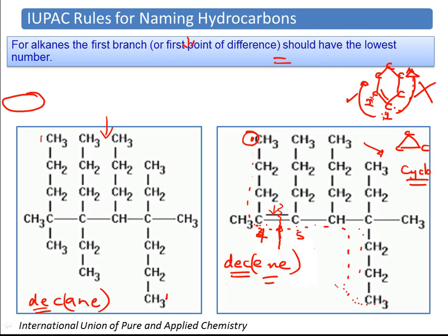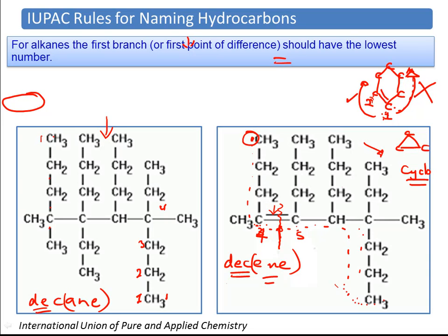For alkanes, the first branch or first point of difference should have the lowest locant number, right? So if we look at it this way, when it's a straight chain, the first branch must be, but it all depends, because if I look at this one, I've got 1, 2, 3, 4, and here I've got 1, 2, 3, 4. These two are first points of difference.